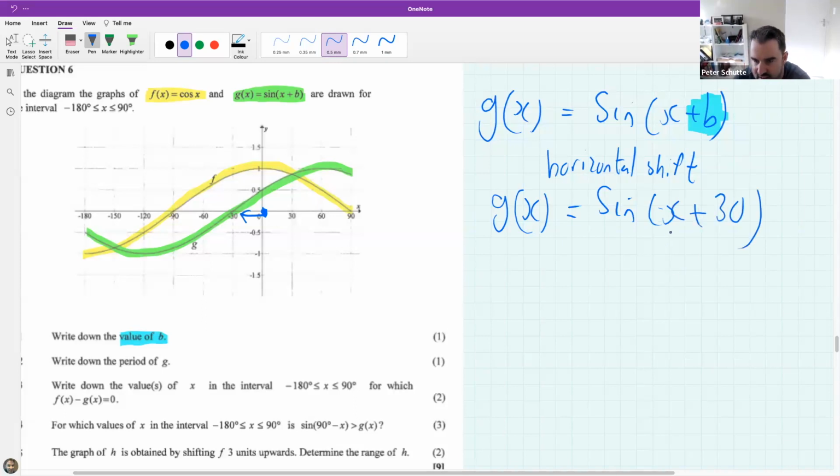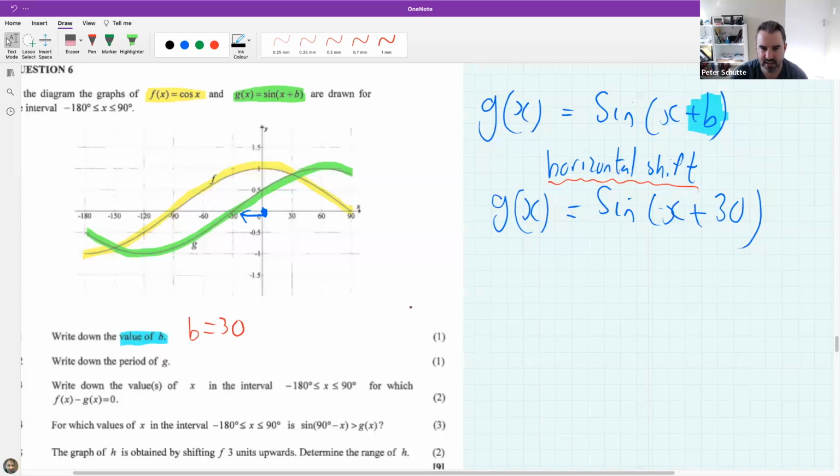Now, the weird thing is plus 30 moves it to the left, which some students find strange because normally when you think of plus 30, you would think going to the right, but the horizontal shift is the one that works the other way around. It's something that you just have to learn. So the answer here would be b is 30 because it's going 30 degrees to the left, and that would mean it's a plus 30 here.